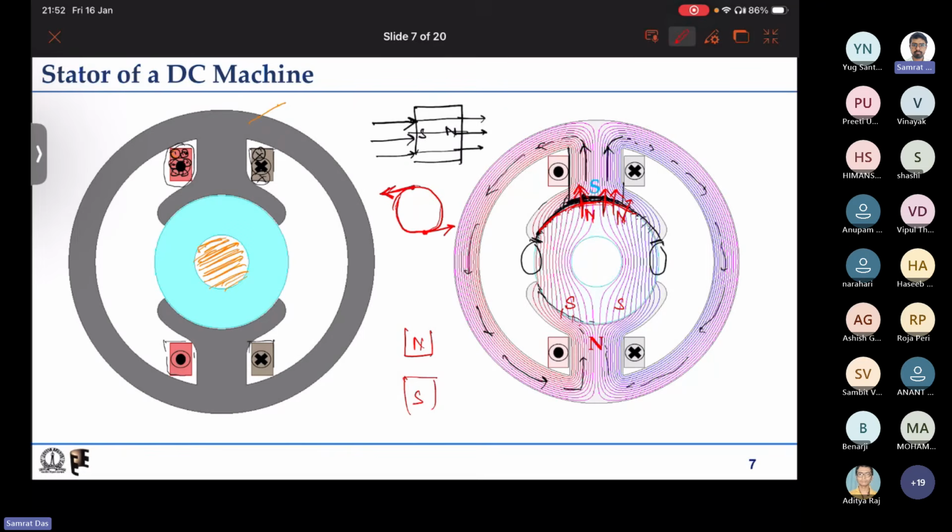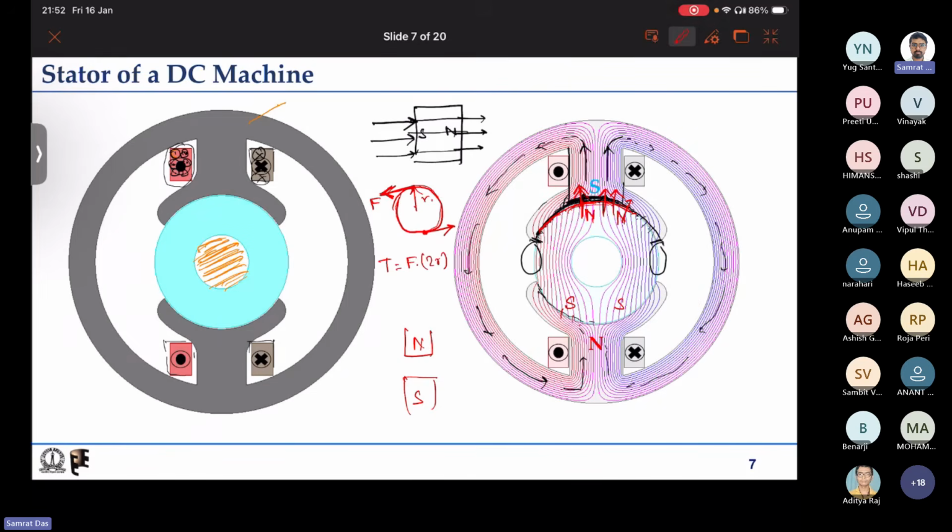If it is the surface of the body, the force direction is tangential to it. This type of couple, what is known as a couple in physics class 11, 12, will lead to torque production. So torque is basically, if this is the force and the radius is r, then torque is F into 2r. So that is the torque, and it has a certain direction.